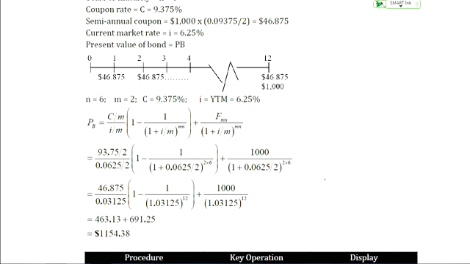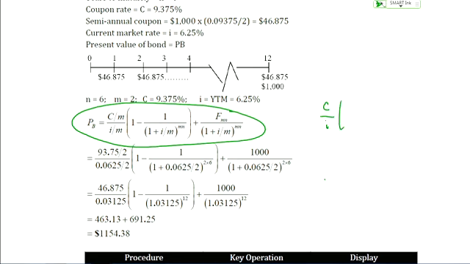Okay. So let me tell you one more thing. If you look at this formula, it is nothing different from the formula that we've been using, C over I times 1 minus 1 over 1 plus I to the power of n plus the face value divided by 1 plus I to the power of n.